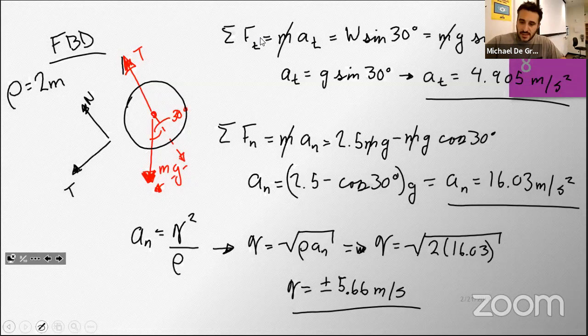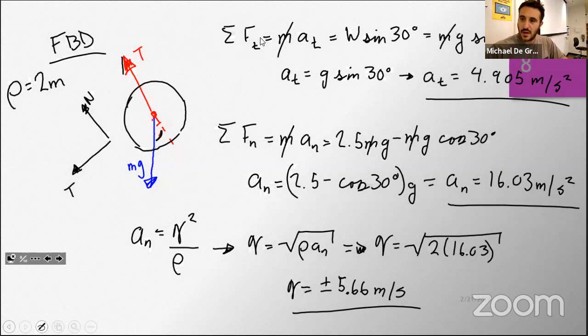I then break this down into normal and tangential components. What does that mean? So I've still got my weight here. I'm going to actually draw my weight in a different color. This is my mass times gravity. In the position shown, we had an angle here of 30 degrees.